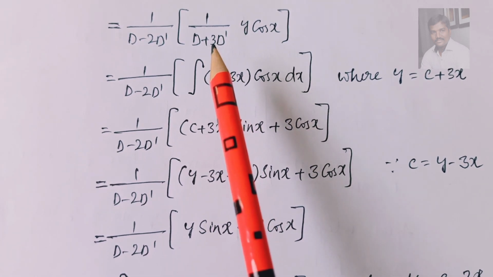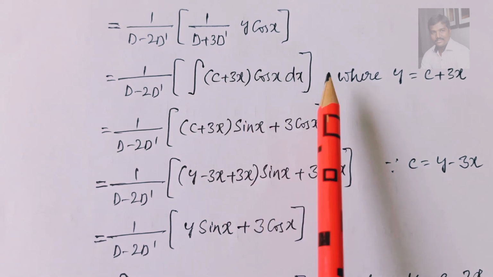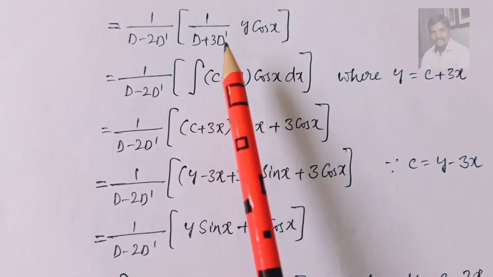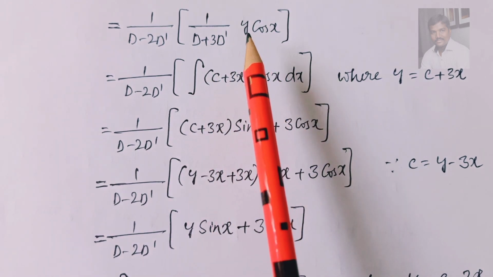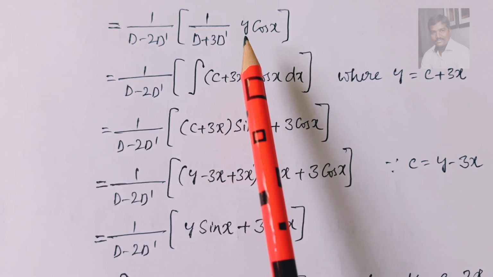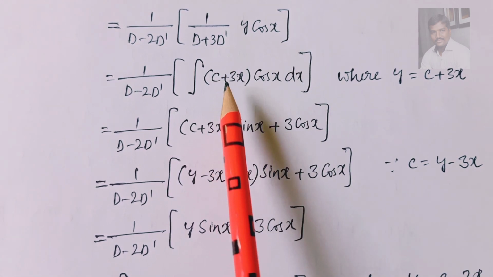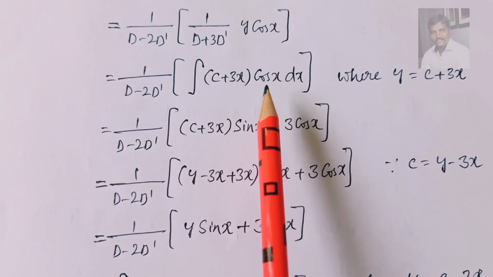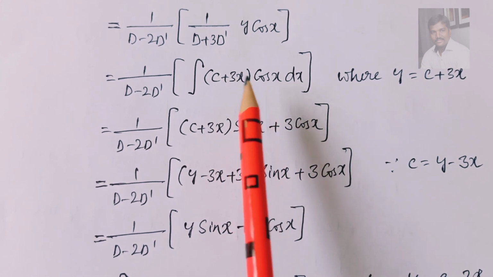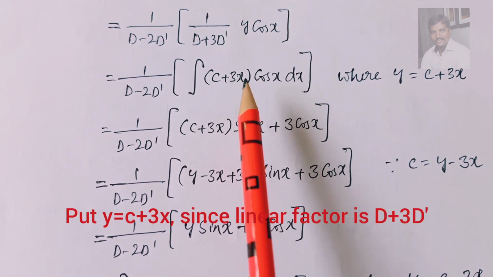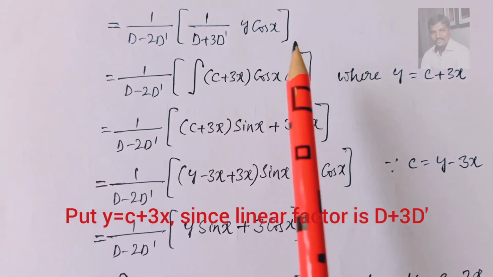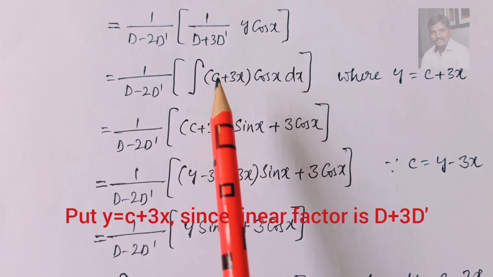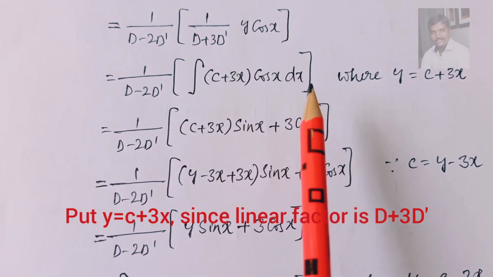So 1 by D means its integration with respect to x. Here we have the D + mD' form, therefore we replace y with c + 3x, so that y cos x becomes a function of x only. So we get the integral of (c + 3x) cos x dx.